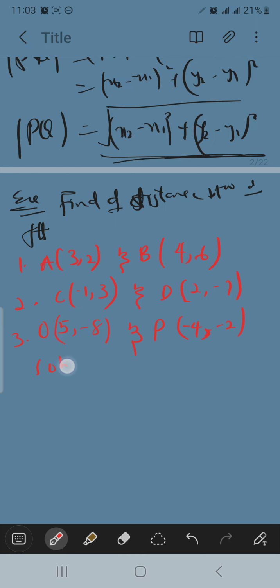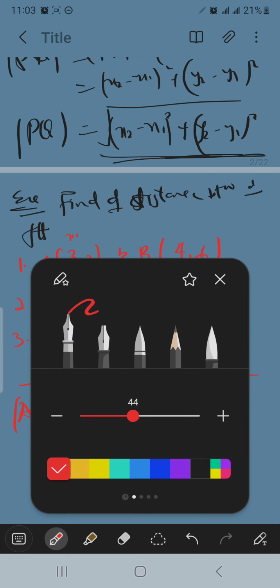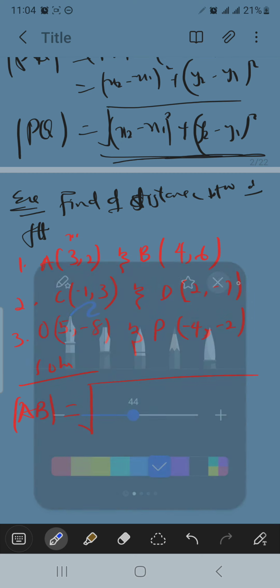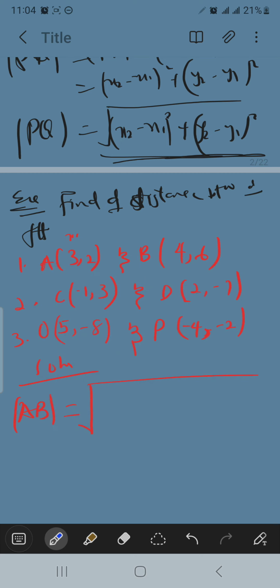So now if we want to find the distance between the following points, the distance between AB will be the square root of, this one is going to be x1, y1, x2, y2.